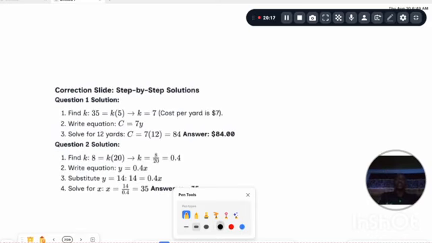So look at these answers, the solutions for question 1 and question 2. For question 1, the answer you're expected to derive is $84 if you have followed the steps carefully, and the answer you are expected to derive for question 2 is 35. So let me just show the workings for question 1. Because of time, I might not do that for question 2.